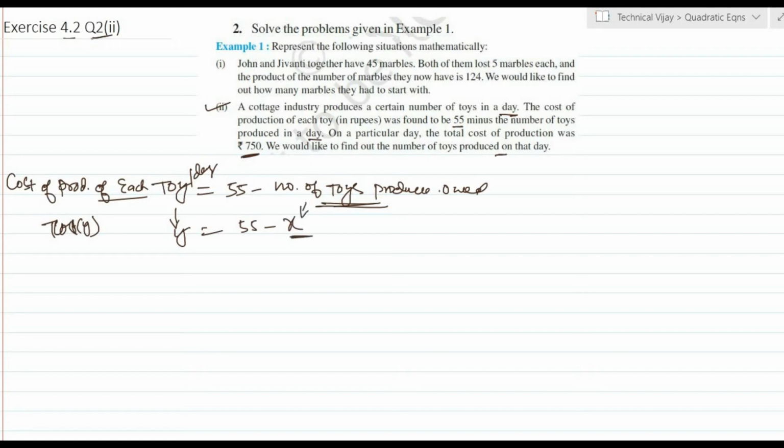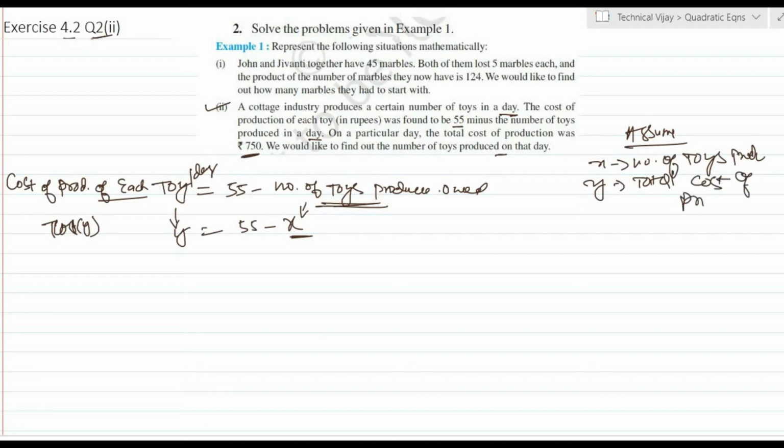That is, let us assume x is the number of toys produced and y is the total cost of production. This we have assumed here. In the same way we have substituted here: y equal to 55 minus x. Let us call this equation 1.